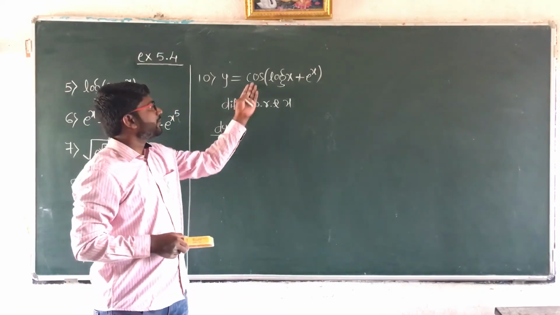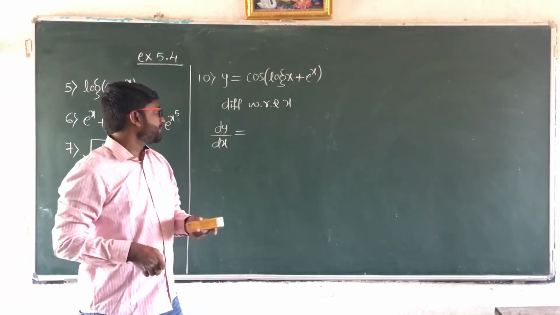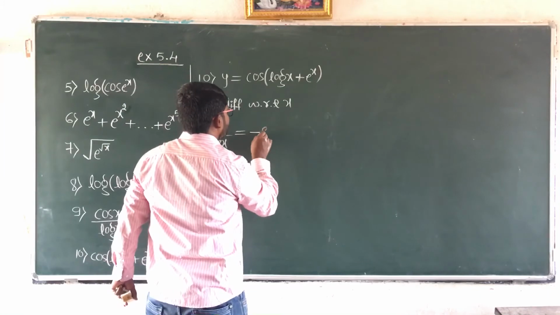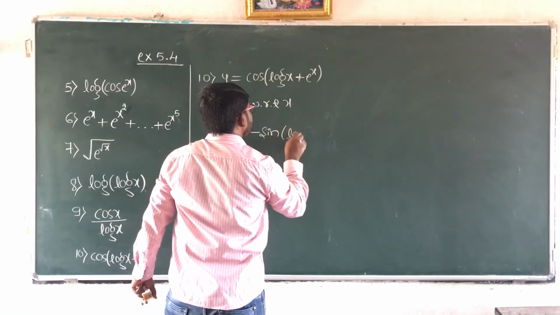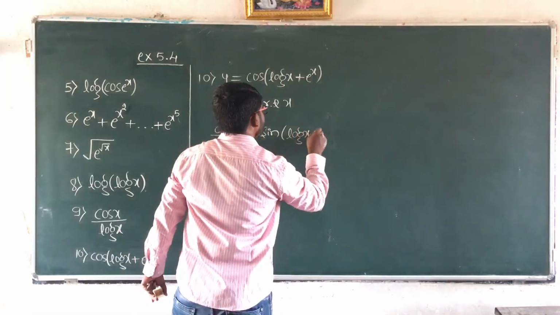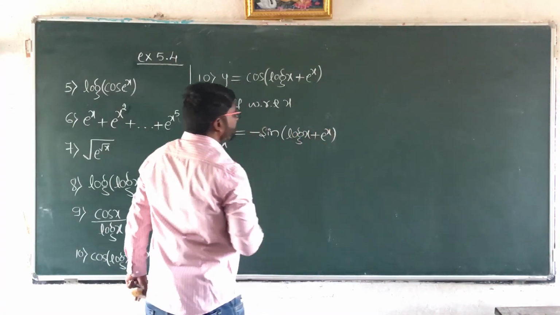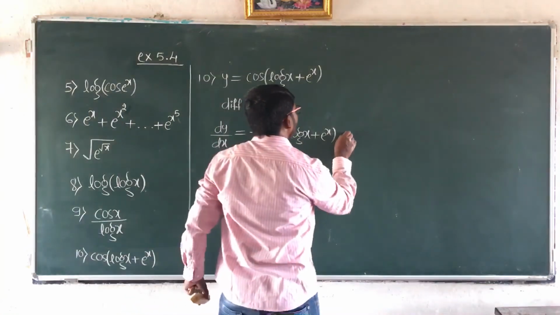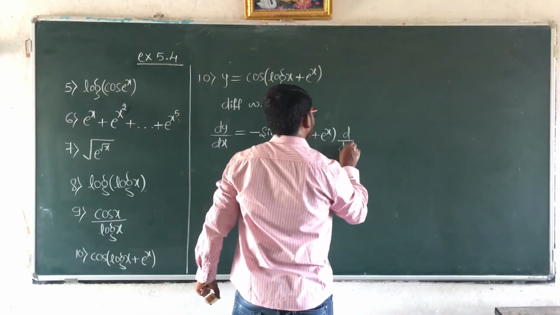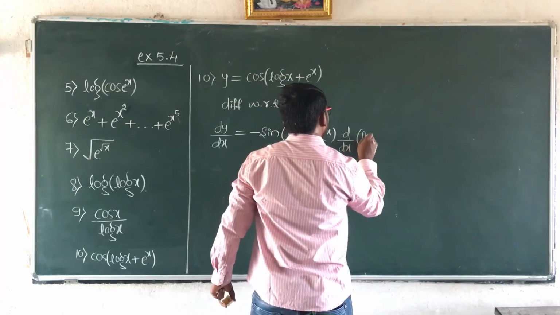It is in the form of cos x. What is the derivative of cos x? It is minus sin x. Minus sin of this term now, log x plus e power x, into the derivative of the inside function, d by dx of log x plus e power x.